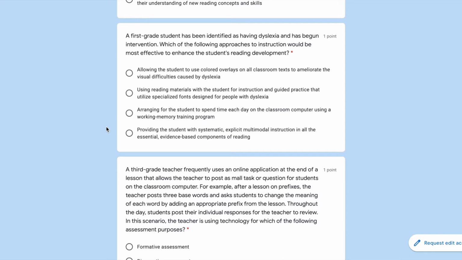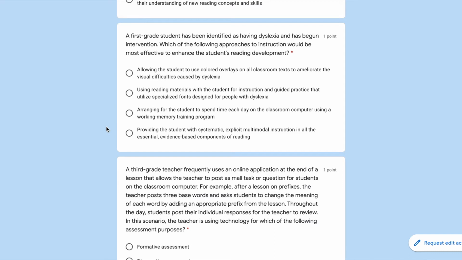Is it allowing the student to use colored overlays on a classroom text to ameliorate the visual difficulties caused by dyslexia, using reading materials with the student for instruction and guided practice that utilize specialized fonts designed for people with dyslexia, arranging for the students to spend time each day on the classroom computer using a working memory training program, or providing the student with systematic, explicit, multimodal instruction in all the essential evidence-based components of reading?